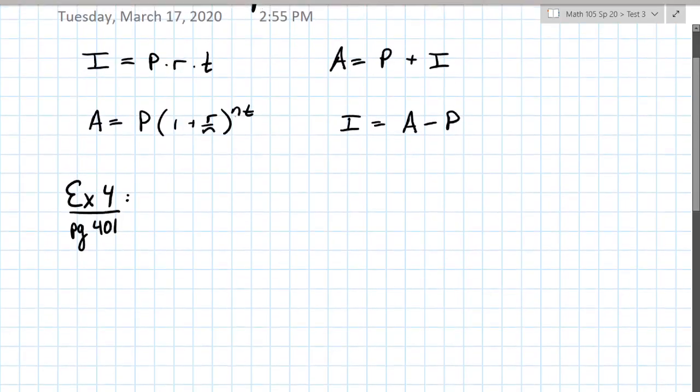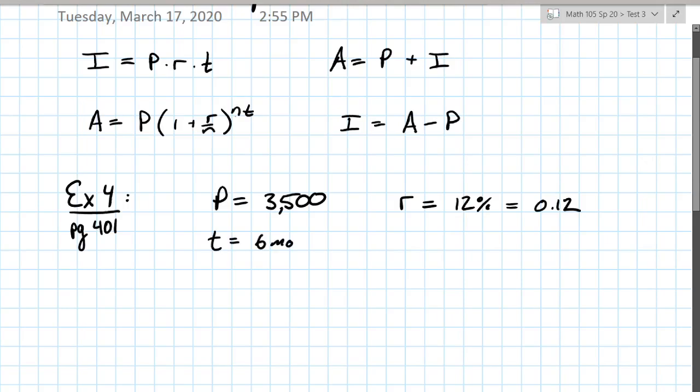So it tells us the purchase price is $3,500. It tells us the interest rate that we're paying is going to be 12%, or written as a decimal, 0.12. The time is 6 months, but we don't want our units in months, we want it in years.